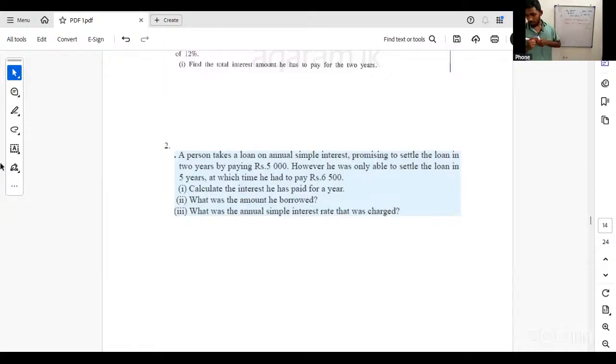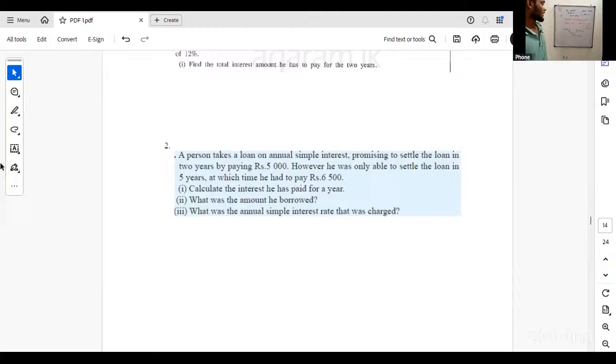Next question. It says, what was the amount he borrowed? Now listen. He said he'll pay the amount in 2 years, but actually he paid the amount in 5 years. So there's a 3-year gap here. And we know that the interest he has paid for the 3-year gap is 1,500.